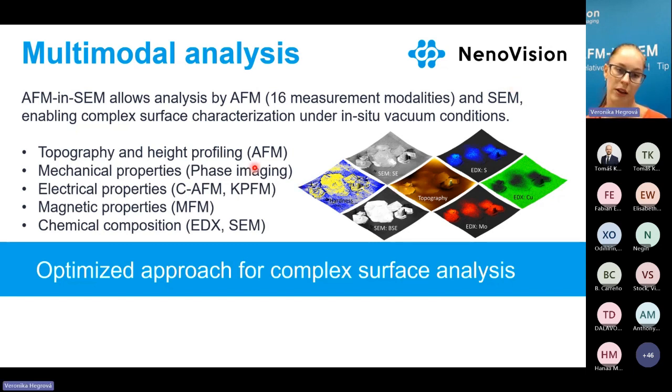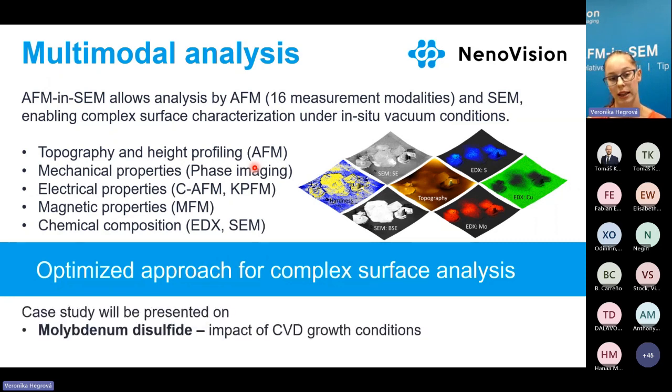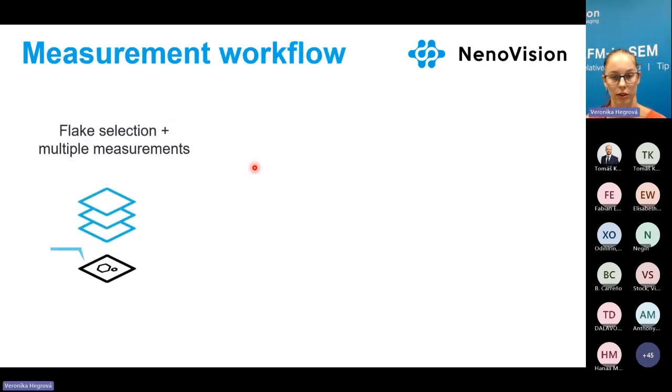So today I'd like to show you an optimized approach for a complex surface analysis. The case study I will show today is molybdenum disulfide. I will talk about it later. So what is the measurement workflow?